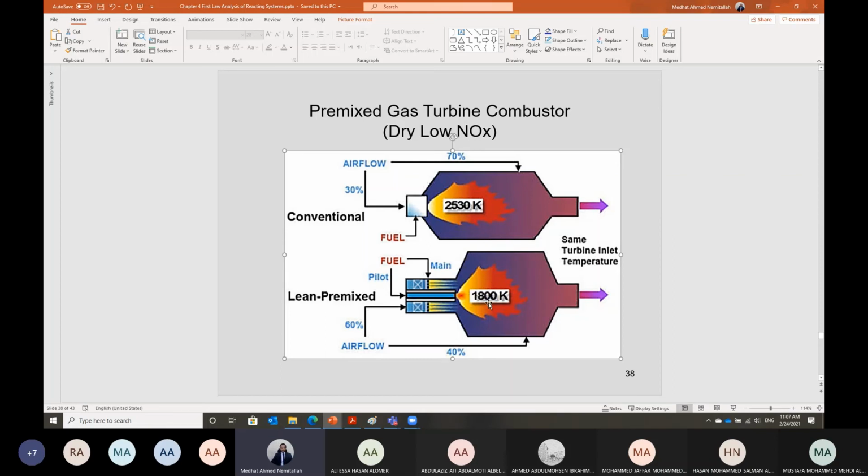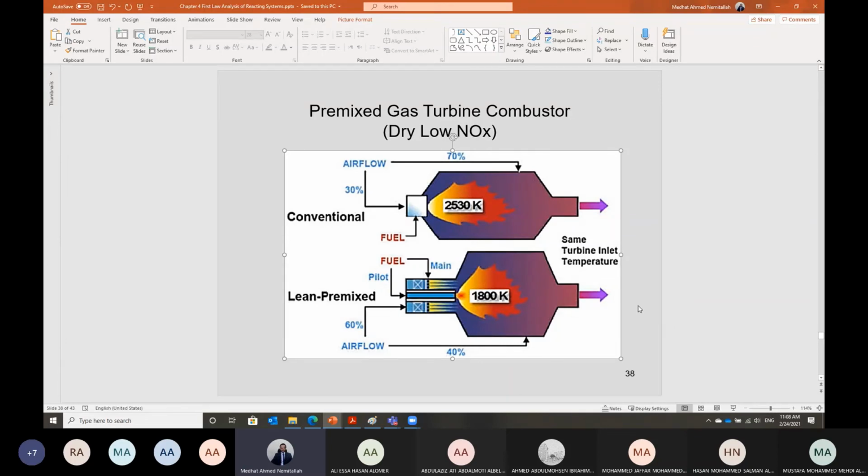So usually pre-mixed flames are unstable, and we cannot operate a lean pre-mixed flame away from the rated power of the engine. So a lean pre-mixed gas turbine should be working at its rated power or very close to it. If you just went away from this rated power, this flame will be highly unstable, and the flame and the gas turbine may shut down.